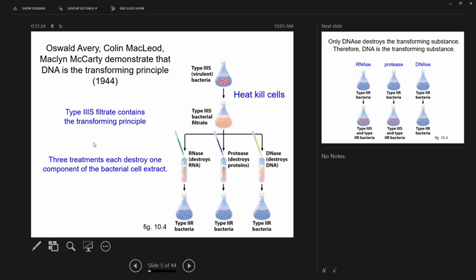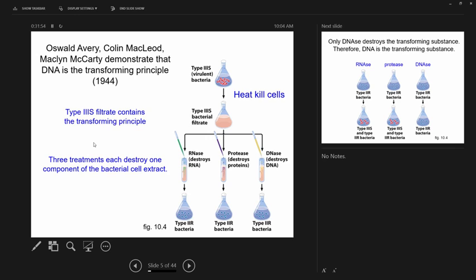They showed that this filtrate contains the transforming principle by doing the same experiment with the mice that Griffith's group had done, and then they repeated the experiment with a separate set of treatments. So they took the filtrate and split it into 3 different treatment groups. One was treated with the enzyme RNase, which will break up an RNA chain into the individual nucleotides.